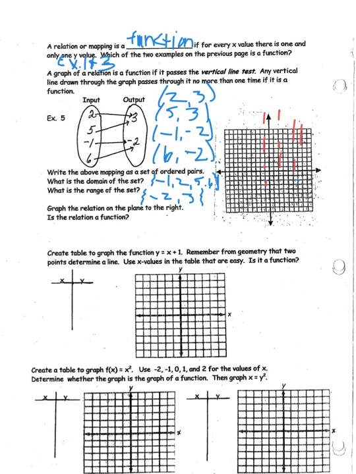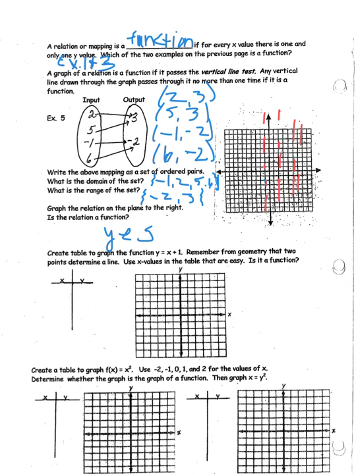Check those points that have been plotted here. They're only going to hit this relation in one point at a time. And we can see our domain is unique, right? Each x is matched with only one y value. So here we would say that, yes, this relation is a function.